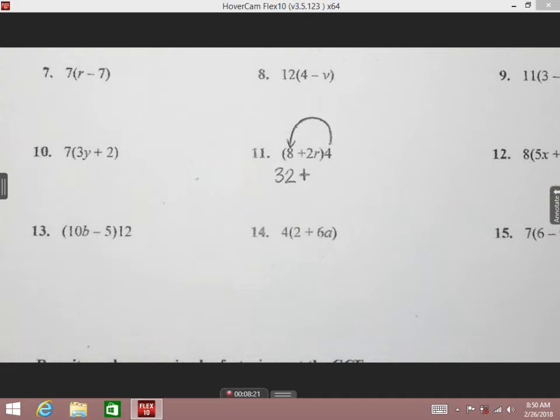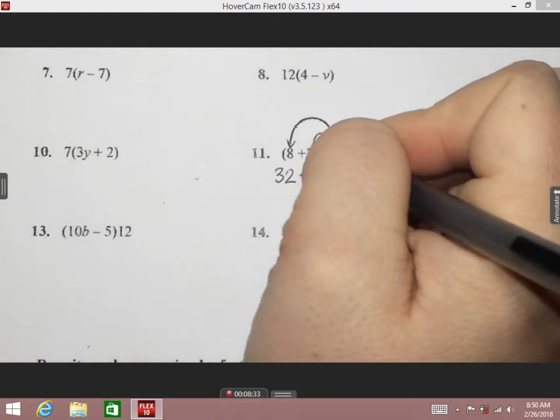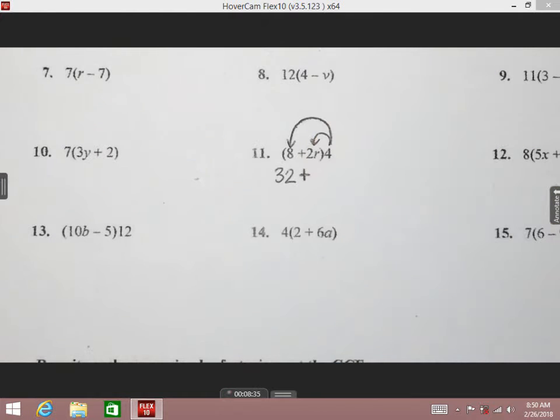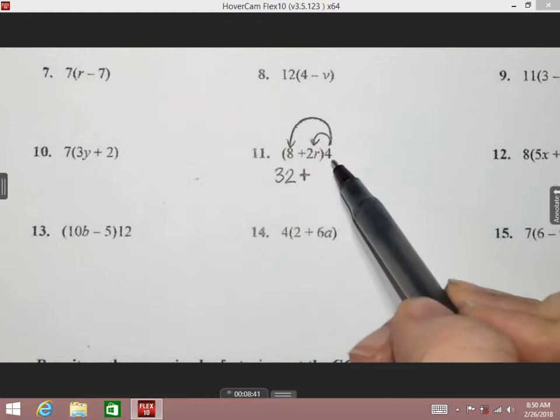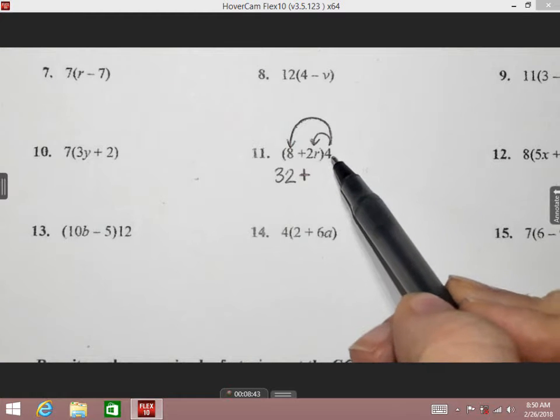Have I passed 4 out to everything in those parentheses? Nope. Gabriella, what do I still need to pass 4 to? The 2R. So I'm going to pass it out to 2R. Now, guys, this time when I multiply, can I just put 4 in front of the R? No, it's already got a number there. That actually makes it even easier, because we're just going to do 4 times 2.